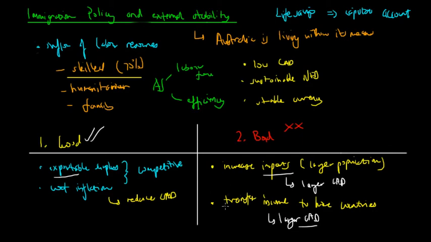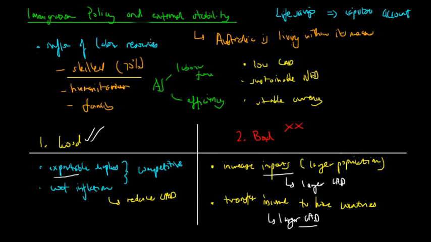And again, by transferring income to overseas countries to pay for their parents' or grandparents' or children's living costs, that would take away from domestic consumption and cause a larger CAD through debiting our secondary incomes category.